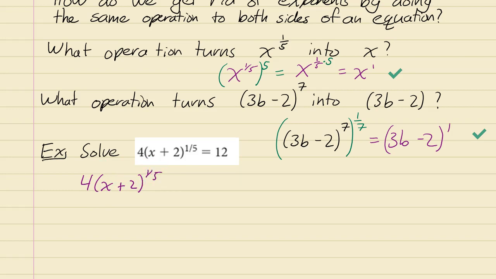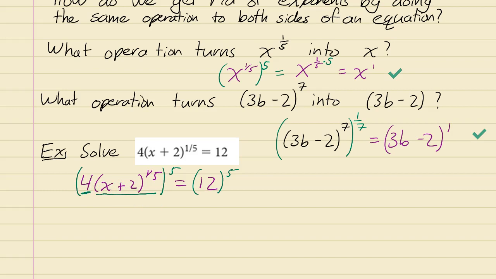You can raise both sides to the power 5 here, but what that will look like is like this. You have to do the whole thing to the power 5, and then this whole thing to the power 5 here. And that's okay as long as you remember to do the 4 to the power 5 here as well, because there's really two different factors here. There's the 4 and then this other thing, and both of those need to be raised to the power 5.